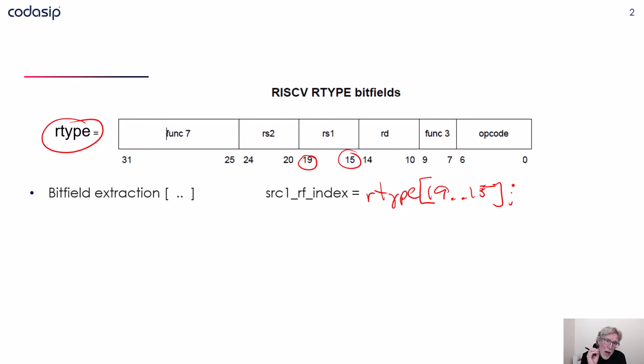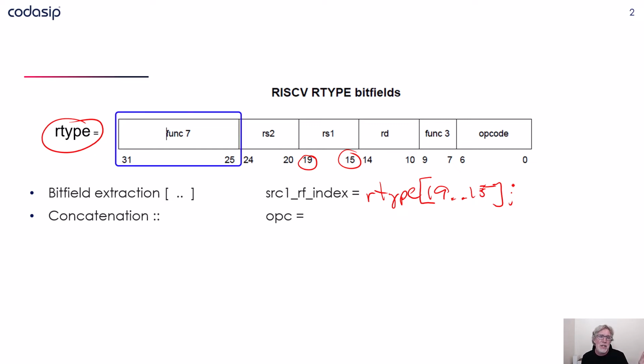There are other times, though, that you need to extract more than one bit field or combine bit fields to generate your signal. An example of that is the complete opcode. The complete opcode for R-type comprises the function 7 concatenated with function 3 concatenated with the opcode.